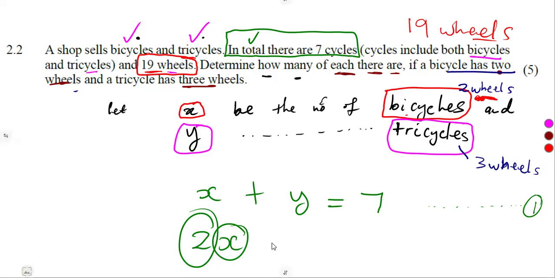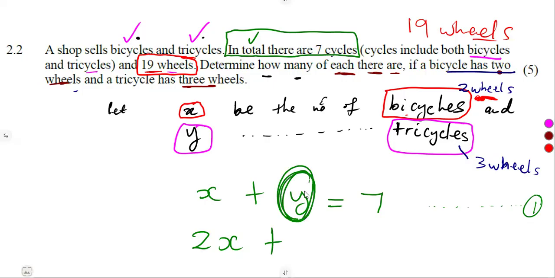Plus, we go to the tricycle now. The tricycle is represented by Y, but each tricycle has 3 wheels.